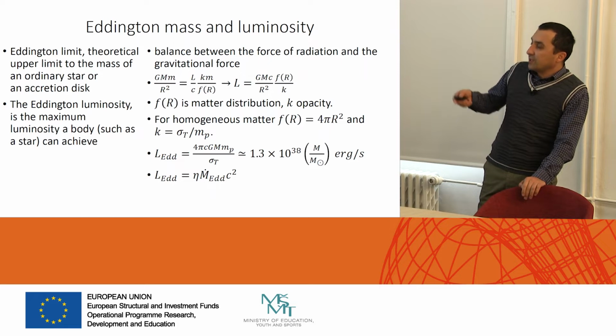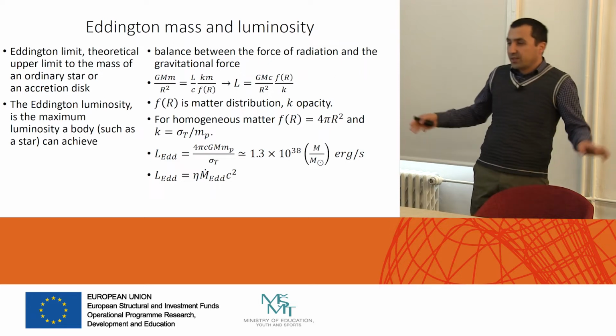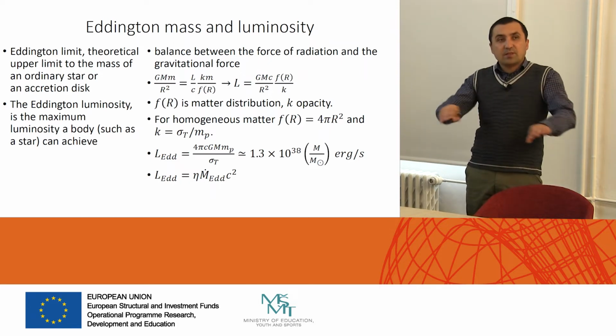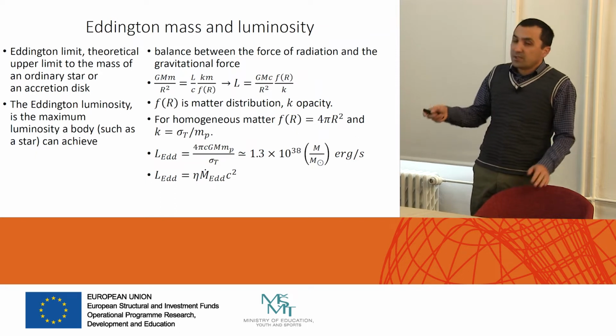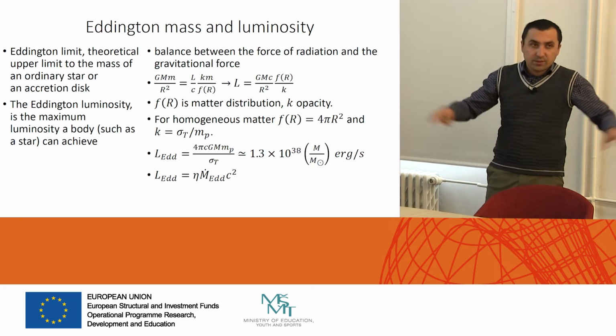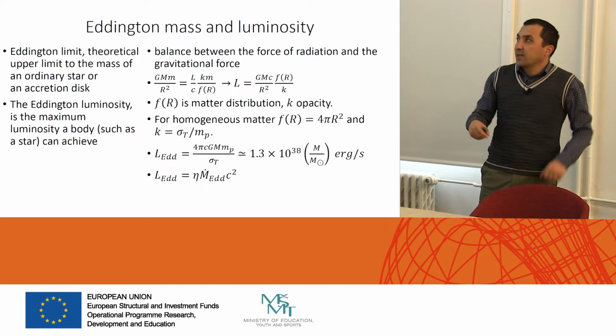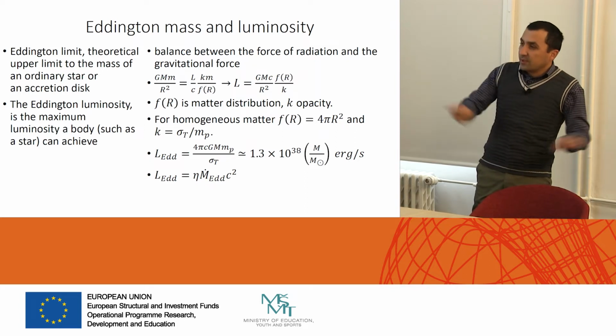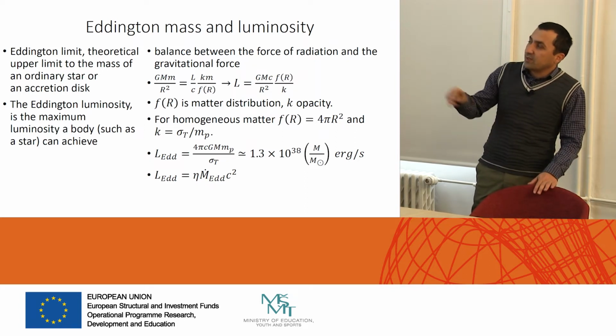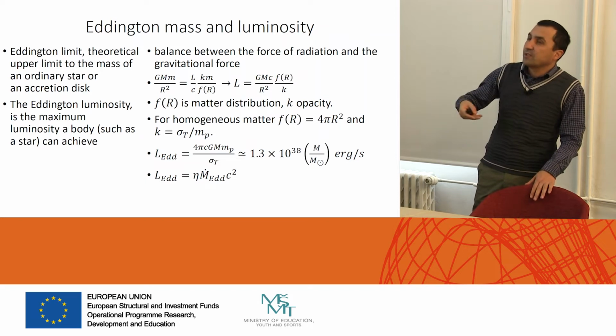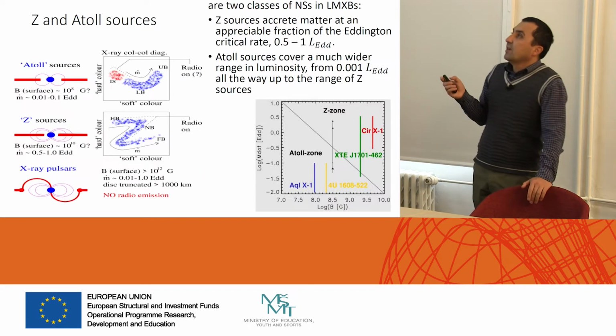So, the accretion disk. If we consider an accretion disk, the accretion disk flows into the star, and during the accreting matter flow, the accretion disk radiates.